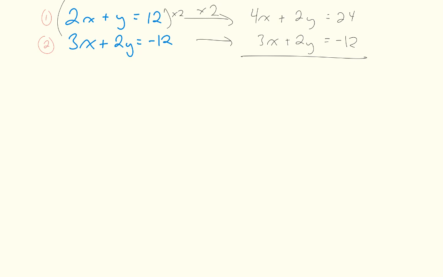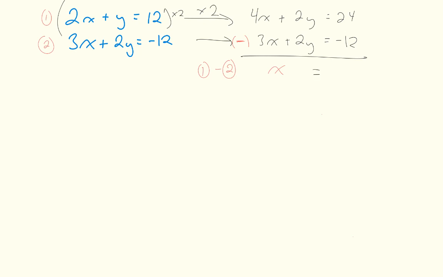In this case, I'm going to indicate that I'm going to take equation 1 and subtract equation 2. I have to be careful about that because it might change what happens. 4x minus 3x will give me just 1x, of course. 2y minus 2y will give me no y's.